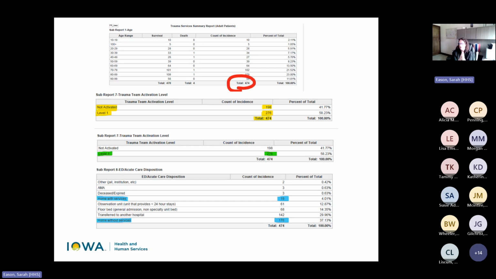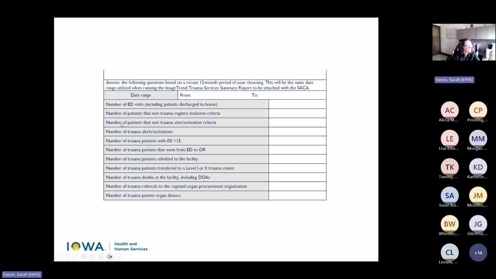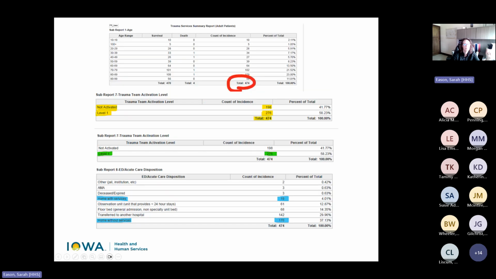It's very, very confusing. It's kind of abstract. It's hard to get a handle on for this particular question, but you want to answer this specifically: the number of patients that met trauma alert activation criteria for my facility. Again, I need to make sure that all 474 did, or didn't and were supposed to.